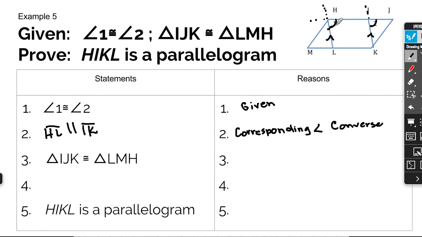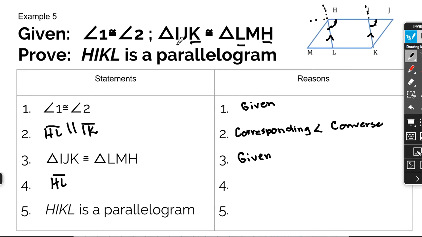If I look at these lines that are already parallel, if I can prove that those lines are also congruent, then I can say that it's a parallelogram. And I'm able to say that because of CPCTC. So if I want to name this one, HL like I did previously, that's last to first. And then on the other side, I'm just going to name it like the triangles say.